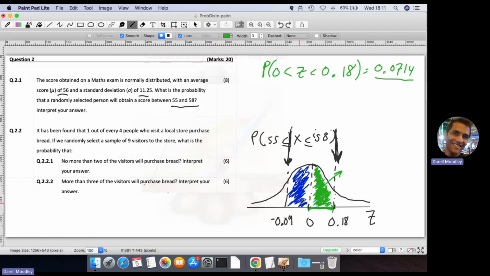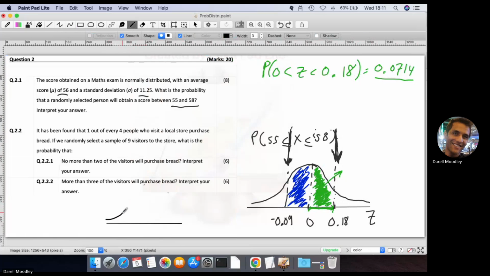So your table doesn't give you the area for any Z value on the left of it, but you can use the property of symmetry. Okay, so remember symmetry. Let me highlight what I mean by that. So I draw this graph here like that.